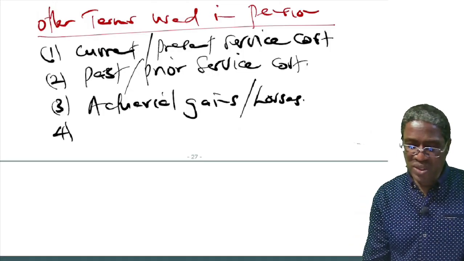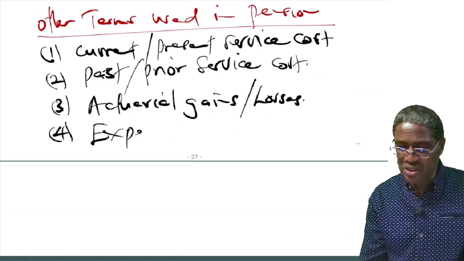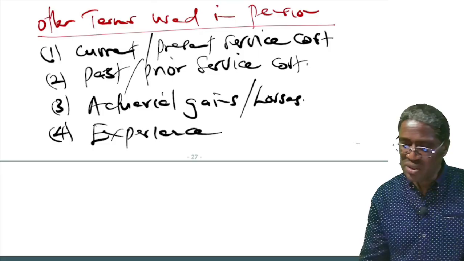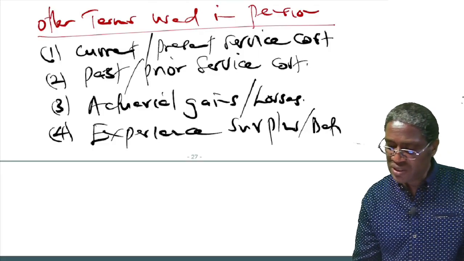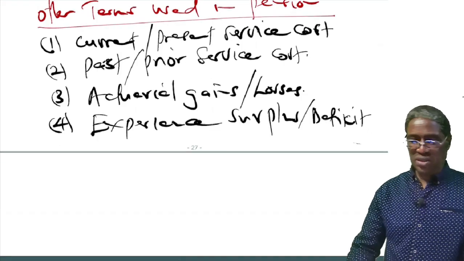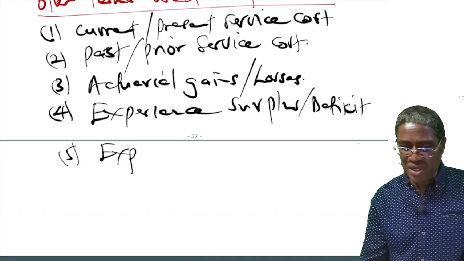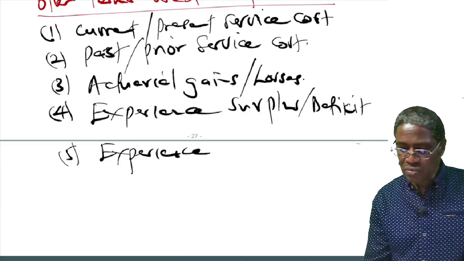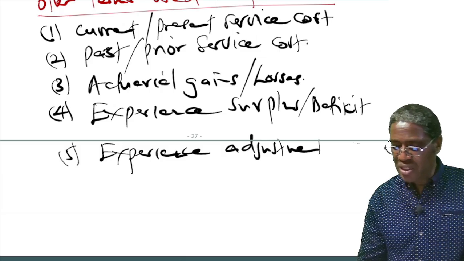Number 4, another term you need to know is what we call experience surplus stroke deficit. What are these terms? Experience surplus stroke deficit. Finally, number 5, you also need to know what experience adjustments are. What are experience adjustments?